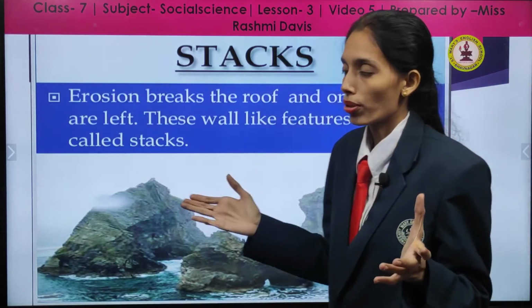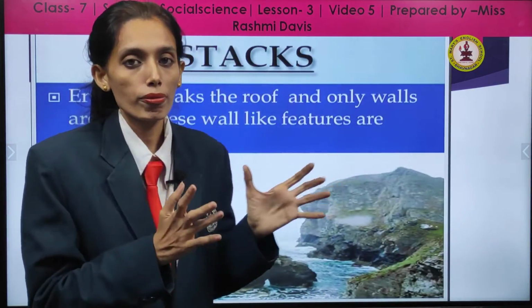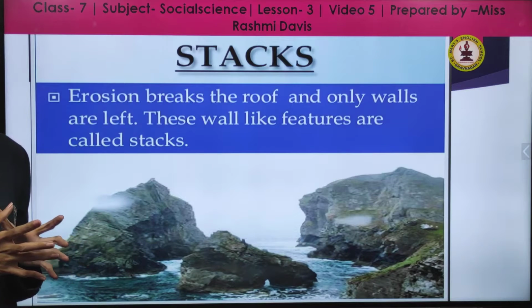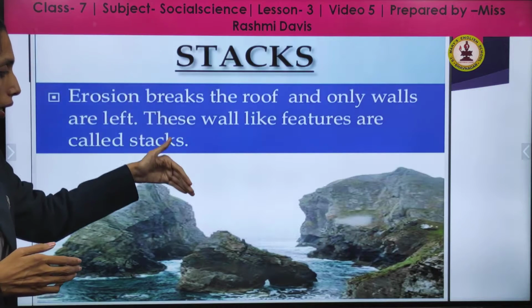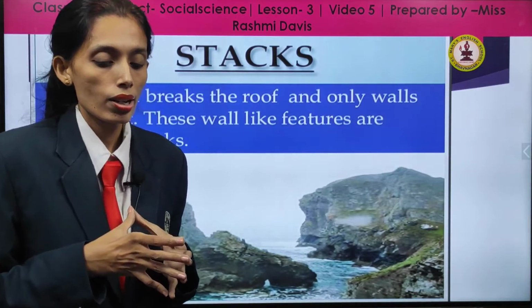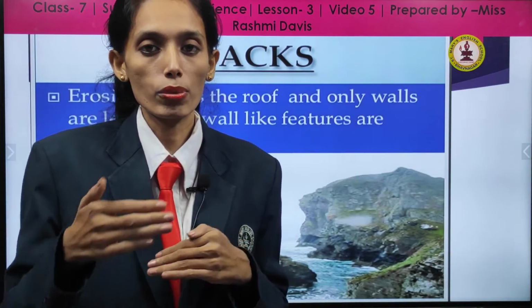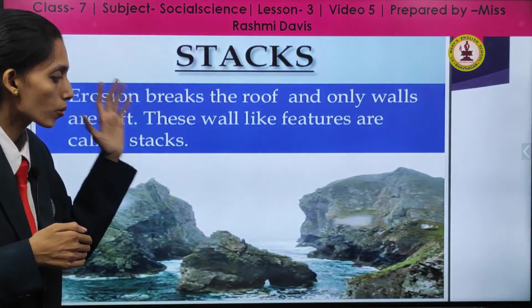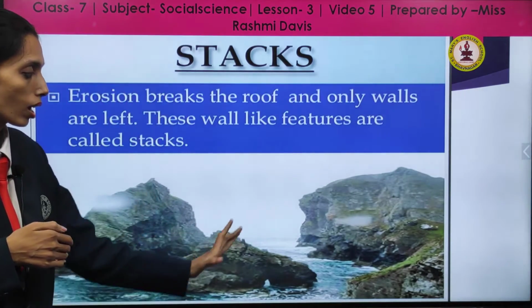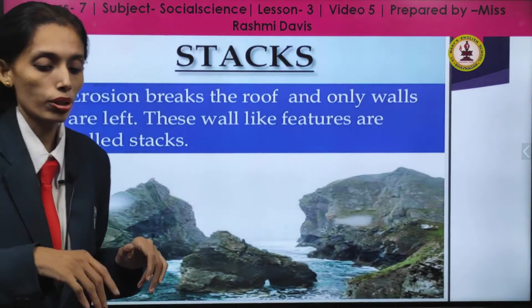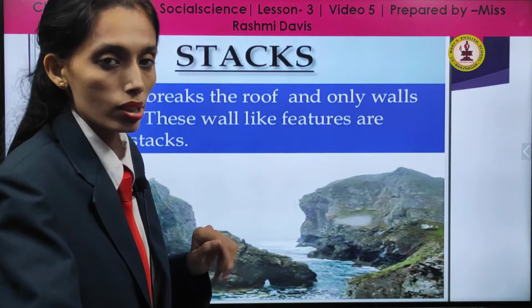The roof formation above tries to break and fall off because it's not that strong, right? With heavy rainfall and the waves rising in and coming down, it tries to break. When the stacks have fallen apart, they try to stay on the water. So this is the third one.